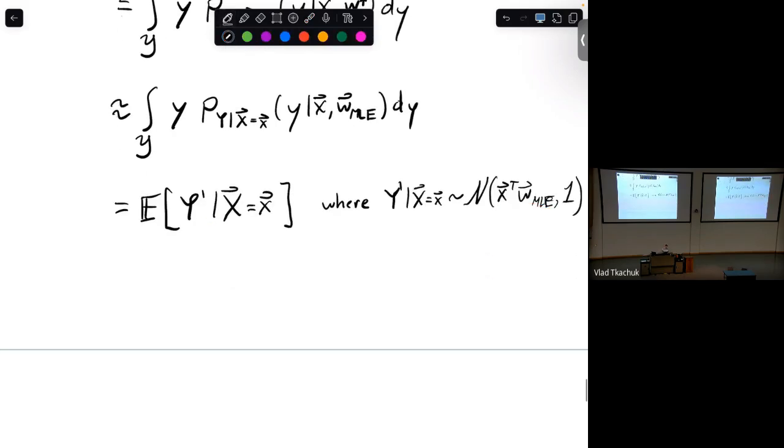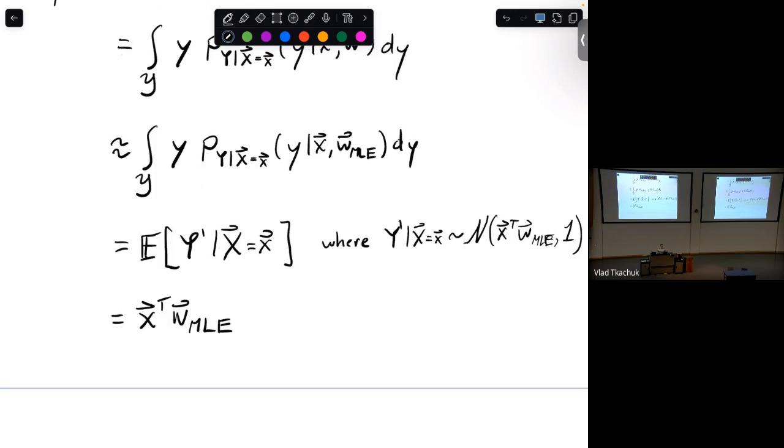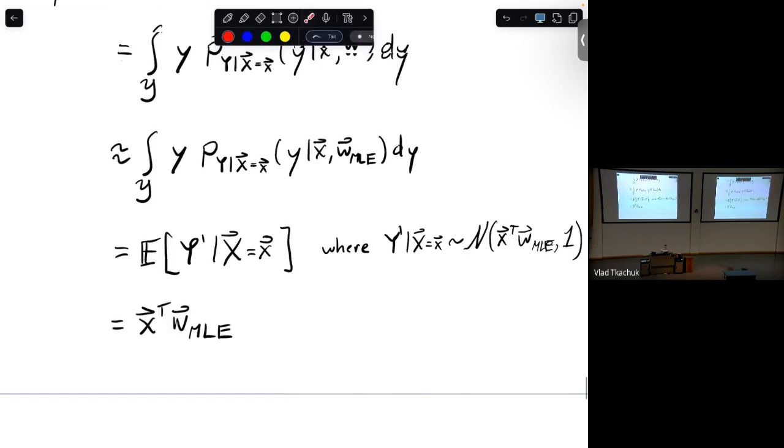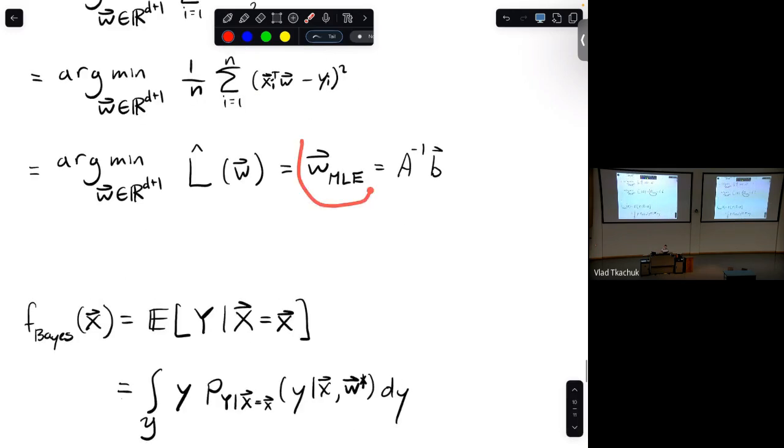Okay. So at the end, our estimate of f Bayes is going to be x transpose W MLE. And above, we saw that W MLE was the same as the empirical risk minimizer, W parameter.